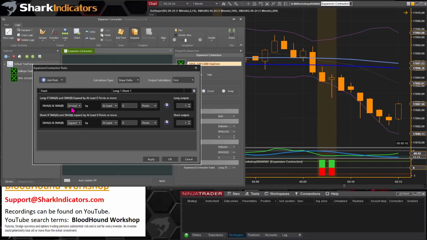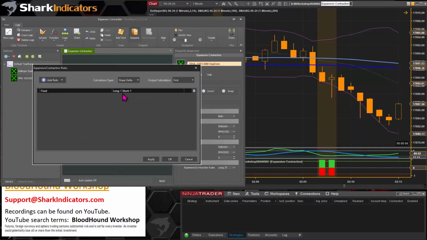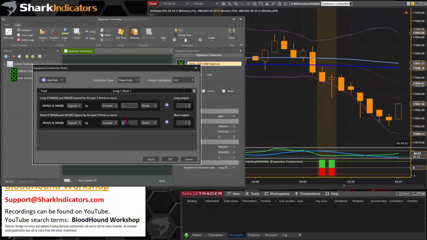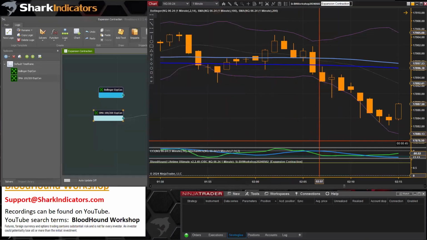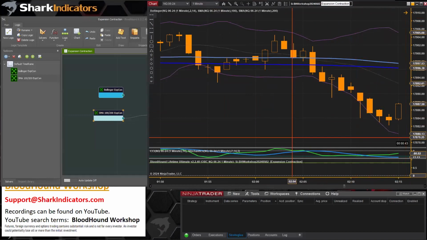So you can check to see if the two lines are expanding at least a certain amount. So let's see, we have points. So let's see if there is any situation where these two SMAs are expanding away from each other by more than 1 point. And then we'll explain or discuss what that means.